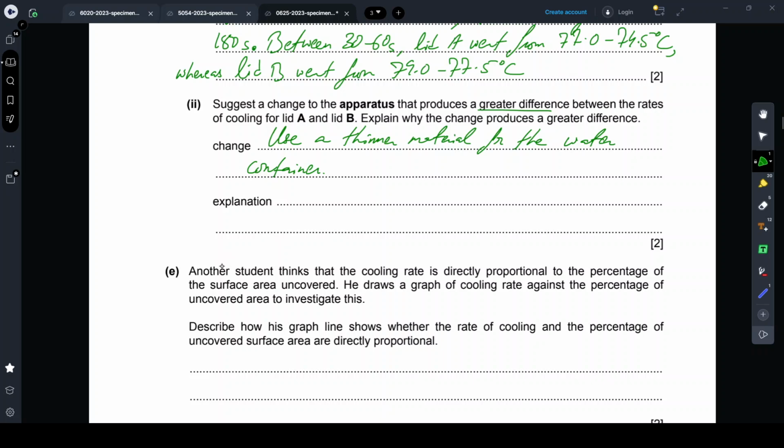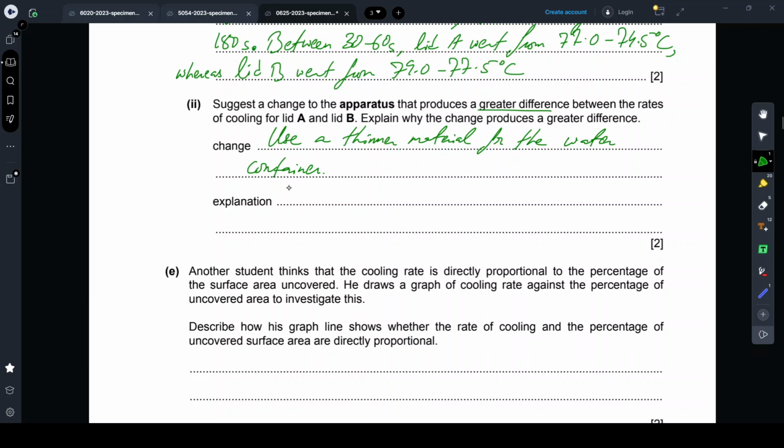Remember Unit 2, thermal energy and transfer. Like the difference in heat loss through the lids.